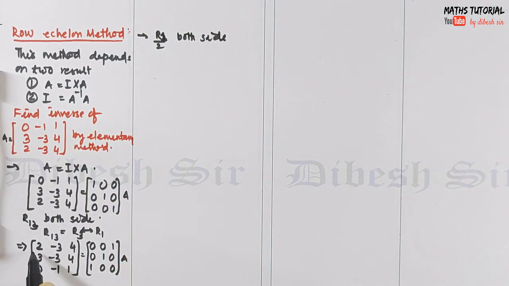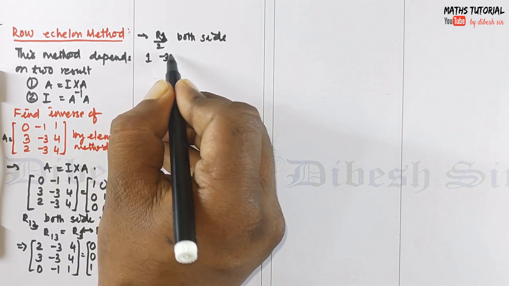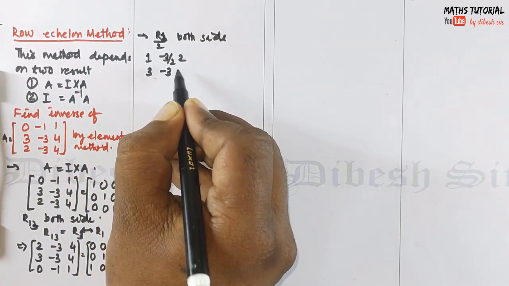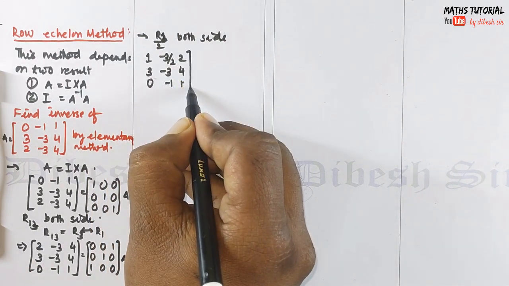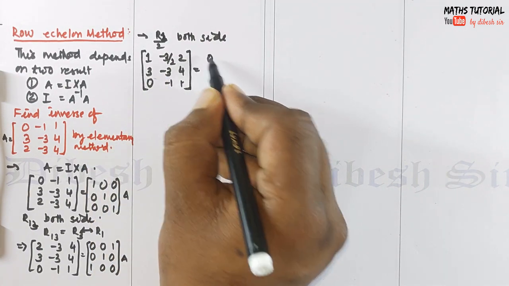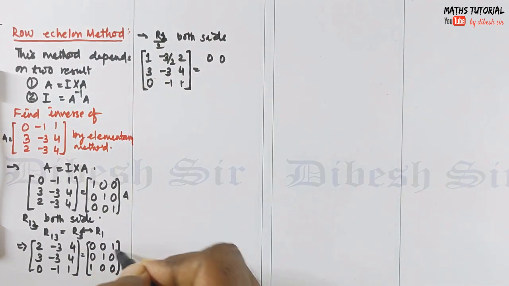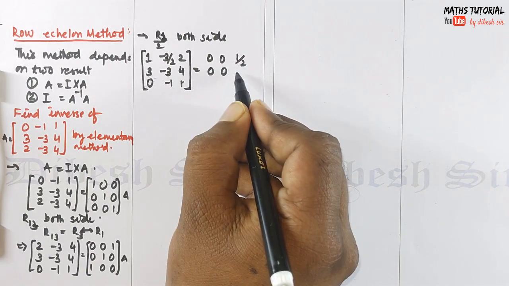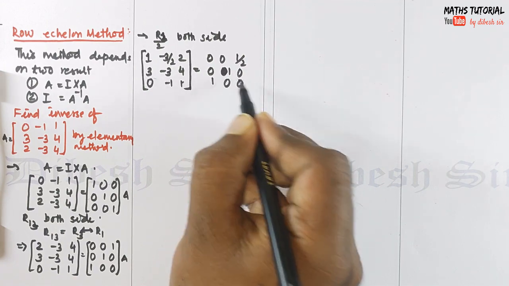Dividing R1 by 2 we get 1, minus 3 by 2, 2, 3, minus 3, 4, 0, minus 1, 1. On the right side, R1 by 2: 0 by 2 is 0, 0 by 2 is 0, 1 by 2 is 1 by 2. Then 0, 1, 0, 1, 0, 0.